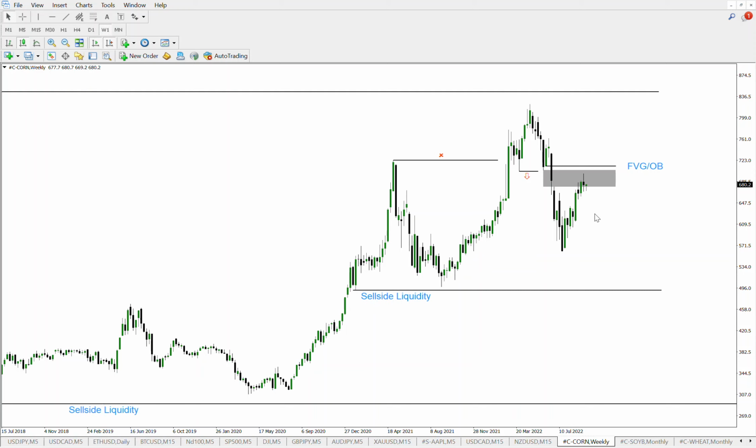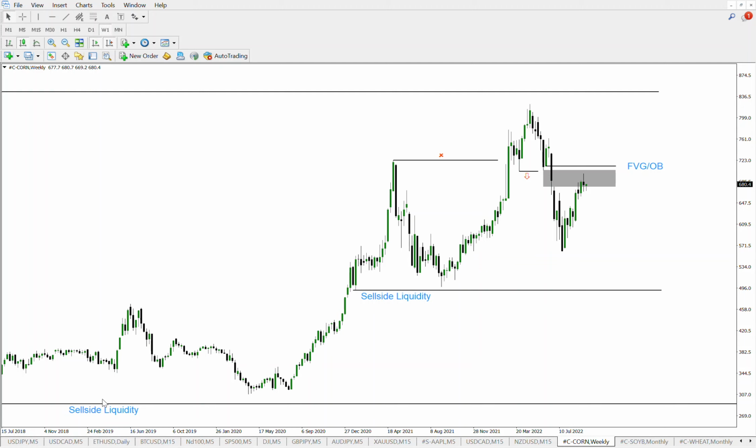And if we get really over exaggerated on the downside, which I could see, it's not out of the picture yet, with inflation rising at an all-time rate and the interest rates continuing to go up, that is going to soften the commodity markets, the forex markets, the crypto markets, and the stock index markets as well.